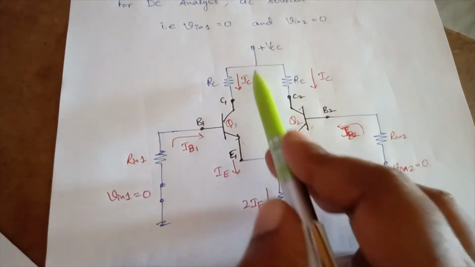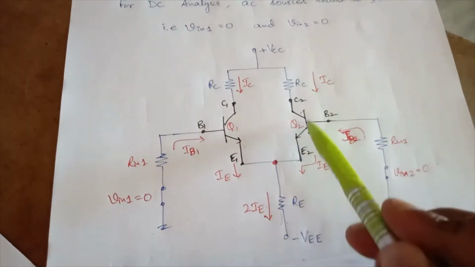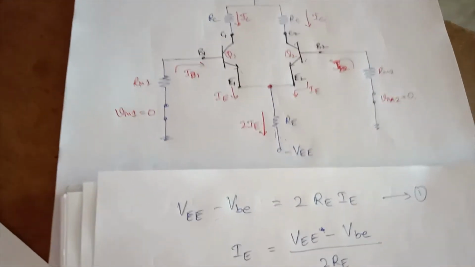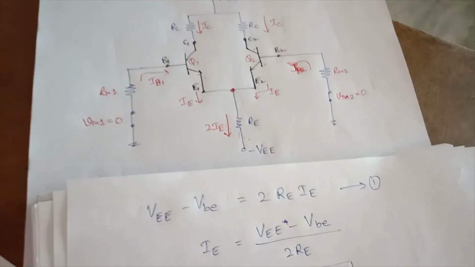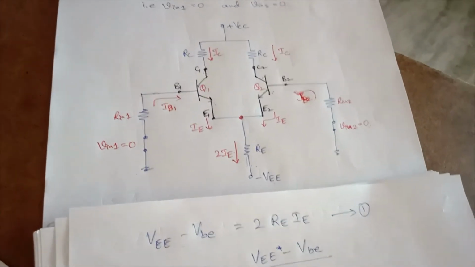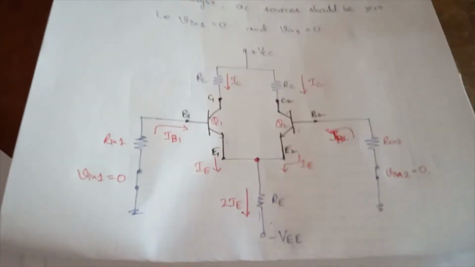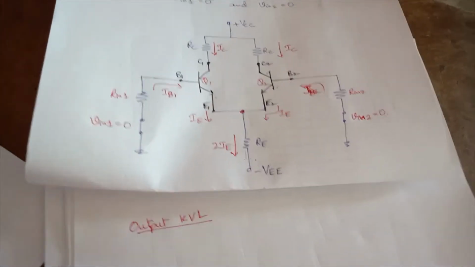Therefore we can take the output KVL like this or like this. So I take it through Q1, and we are getting the output KVL like this. Take this and write the output KVL from this circuit.